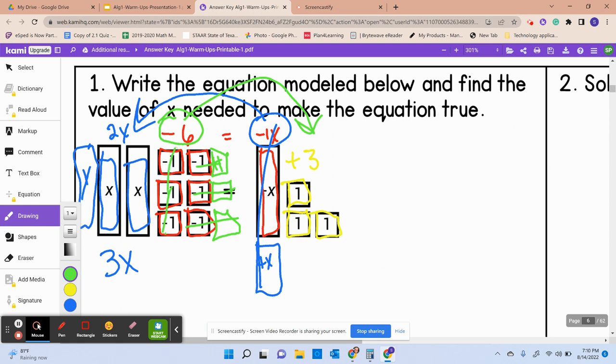And so you would need 6 over here. And to add 6, you would need 1, 2, 3, 4, 5, and 6. So then that would make this plus 9. So now you have on the right side, you have 3x from right here.